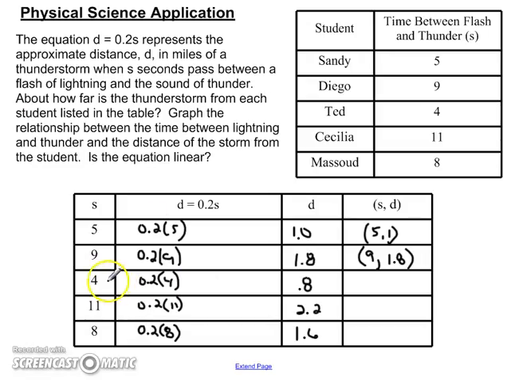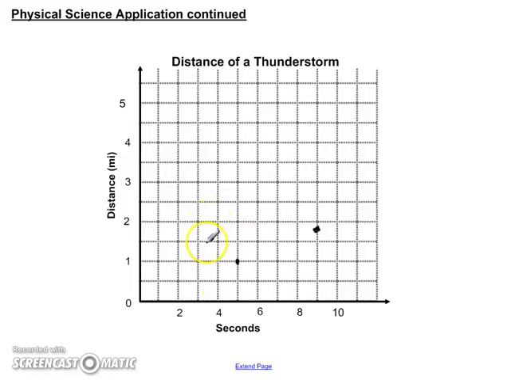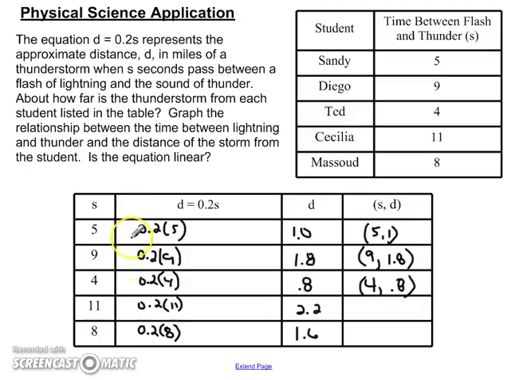The next one. 4 seconds gave us 8/10 of a mile. So 4, 8/10, excuse me, is approximately here. All right, and then we had 11 and 2.2 miles.